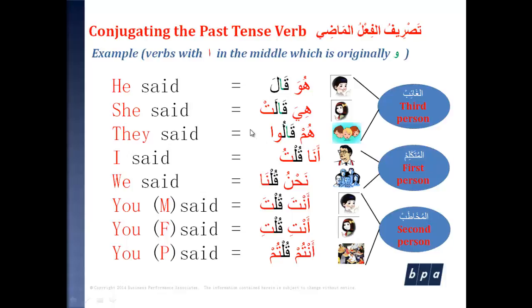So let's review some of this. Huwa qala, hiya qalat. We just added the ta with a sukoon. Hum qalu. We added the waw and the alif. Went to ana. The vowel again disappears. The ta with a dhamma at the end.